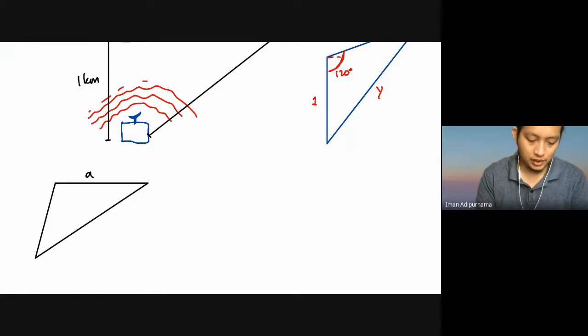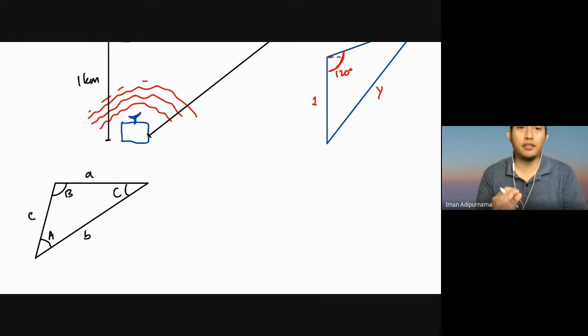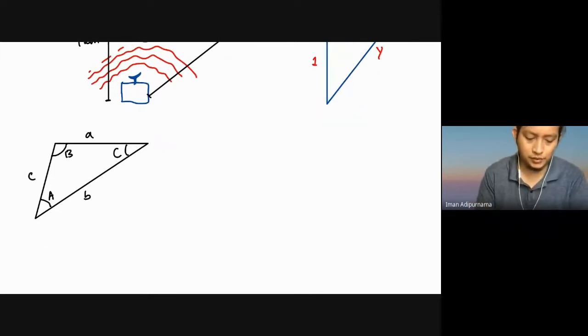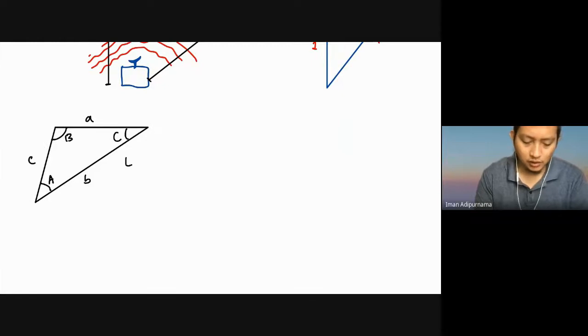Let's say this is A, B, C, the angle A, angle B, angle C. Usually you will have alpha, beta, gamma, but I will just use ABC to make it simple. Let me write what the law of cosine means.